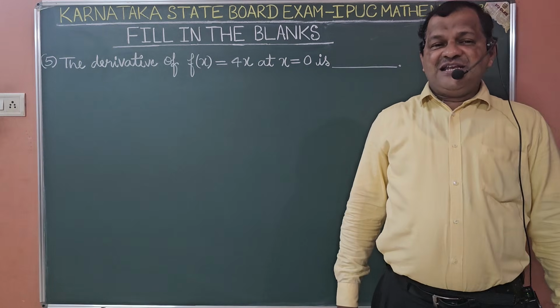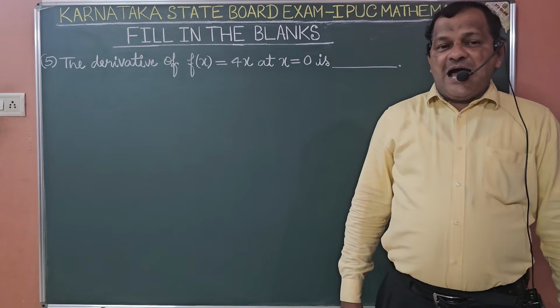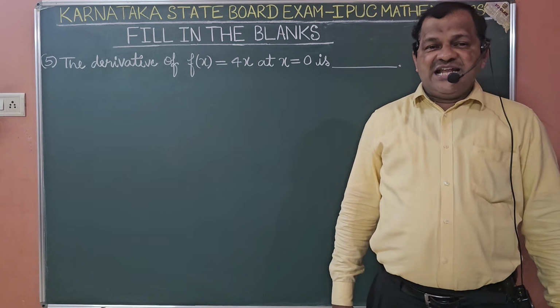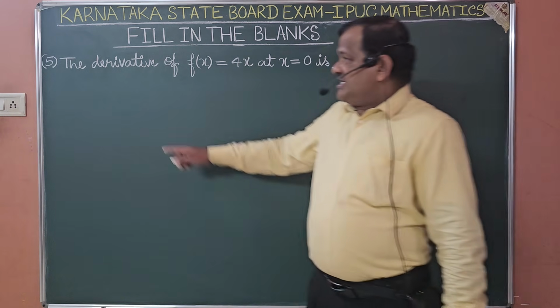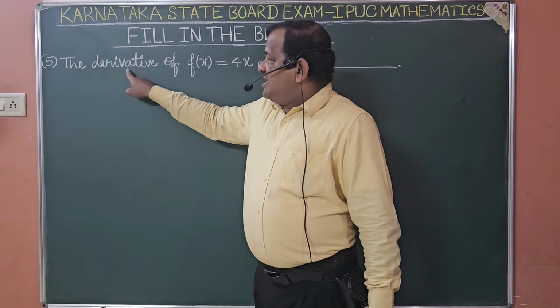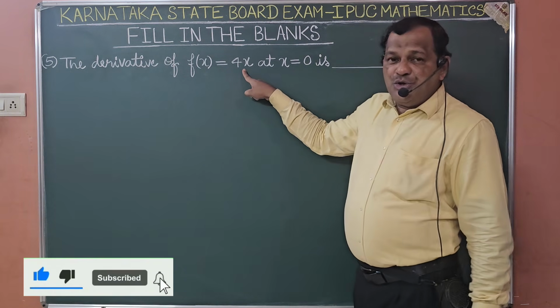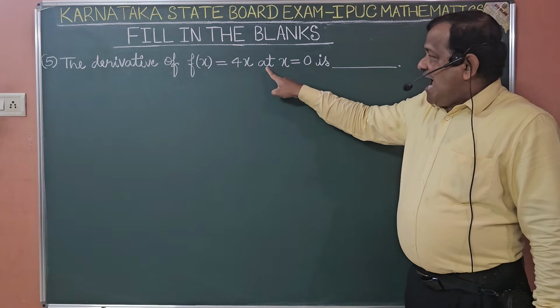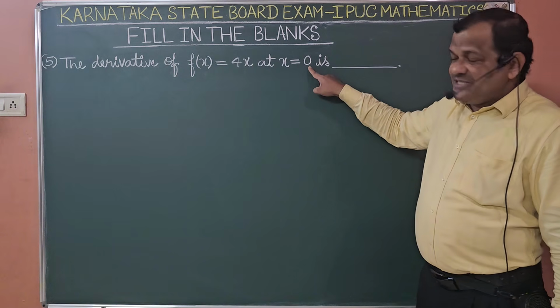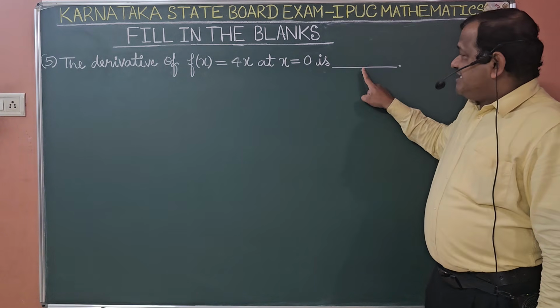This is the fifth fill in the blank from the chapter Limits and Derivatives. The question is, the derivative of f of x is equal to 4 into x at x equal to 0 is dash.